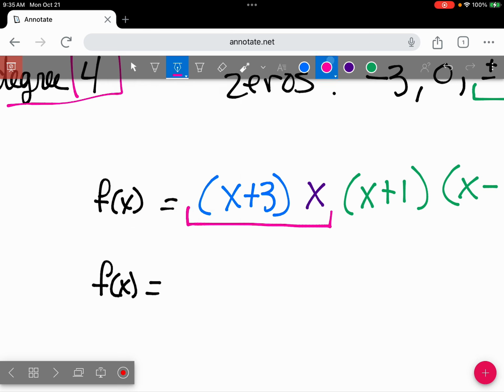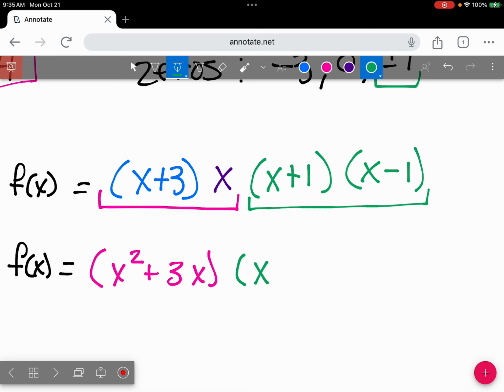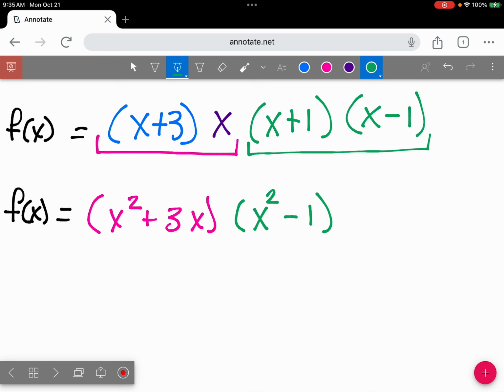When I multiply my plus or minus 1 roots together, what are we going to get? Yeah, this is our difference of squares pattern. So we get x squared minus 1. So when we have those plus or minuses, it is going to be our difference of squares as a factor.